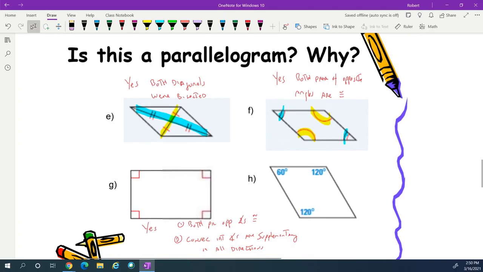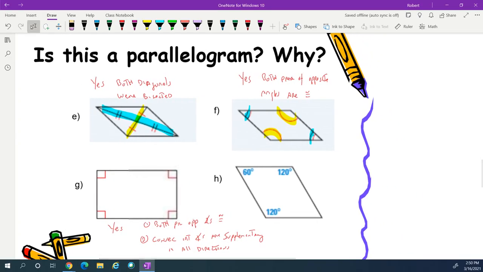And in our last question, just giving ourselves a little room here, in our quadrilateral, the angles total 360. So we're going to find the missing angle.